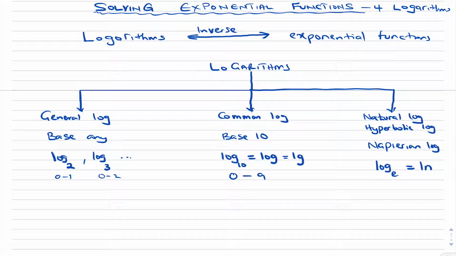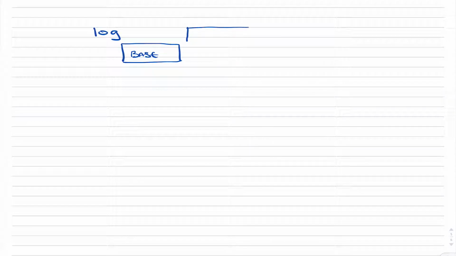The way the log is written is, log has three parts to it. So you get log with the base, and then you have the level, and you have power.